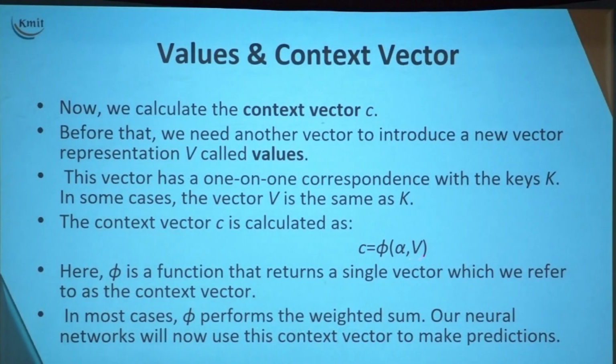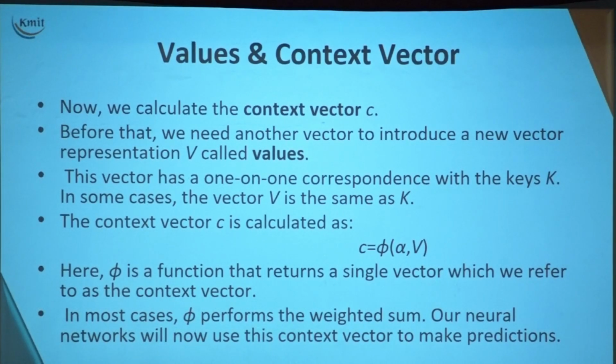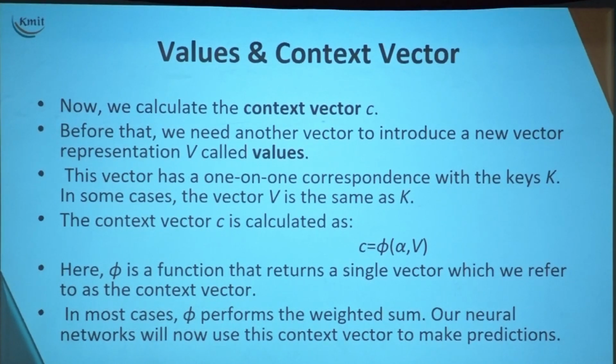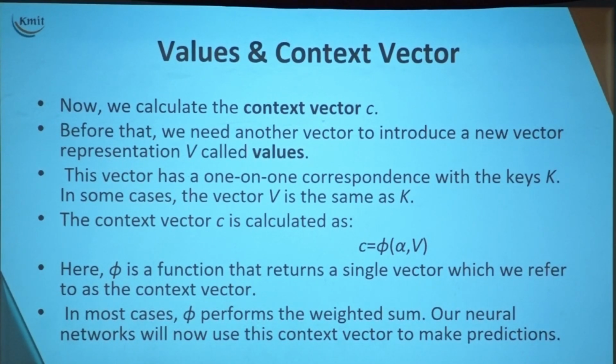It is taking alpha. What was alpha? The weight distribution. And what is V? The values associated with every input sequence. So every input sequence and its attention weight, all of them will be added together and you are creating a summary for your encoder output. That is your context vector.